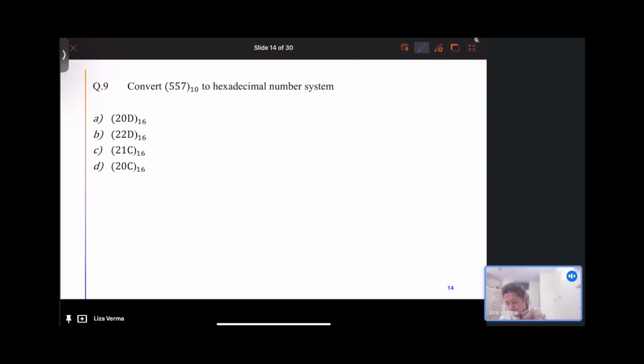Right, so next question is convert 557 to hexadecimal number system. Let's do this.